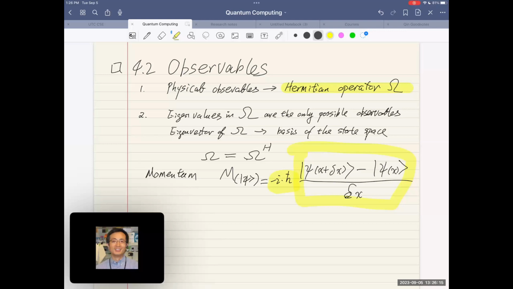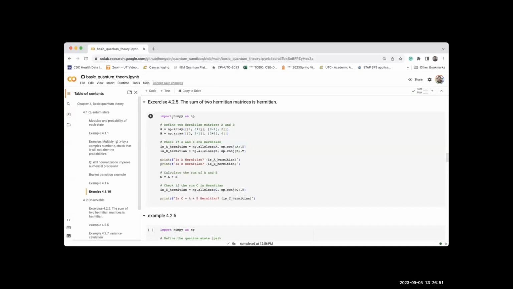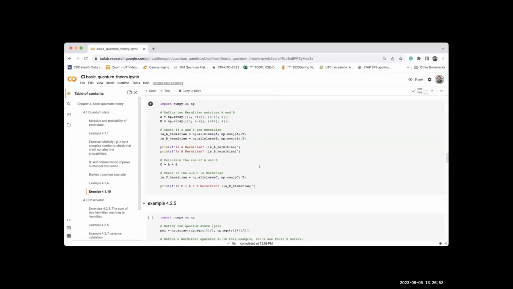I probably don't have time to go over the actual content of this, but I'm going to quickly show the Python code so you can do some calculations on your own.